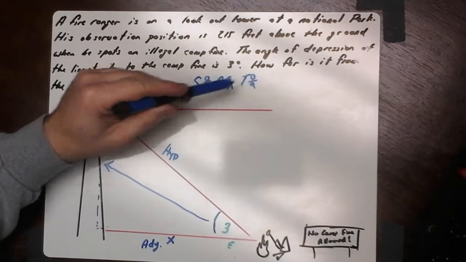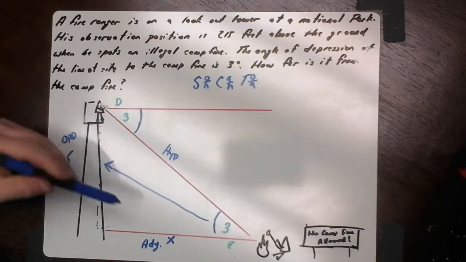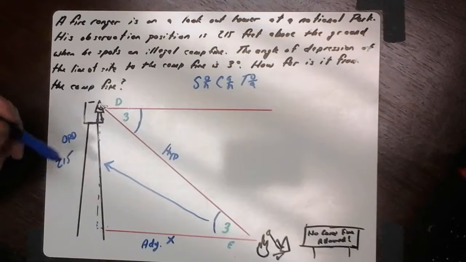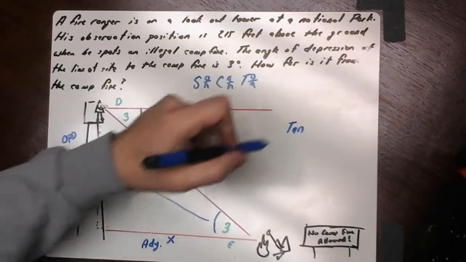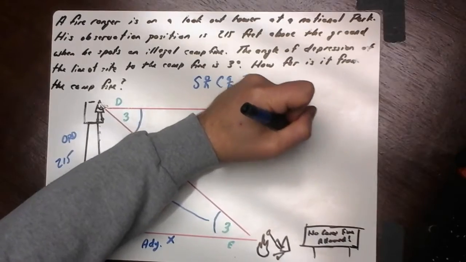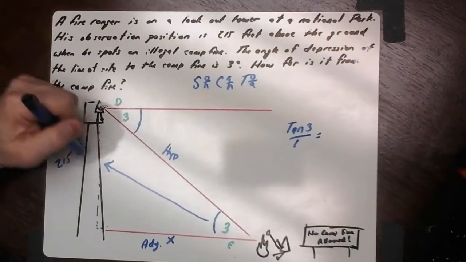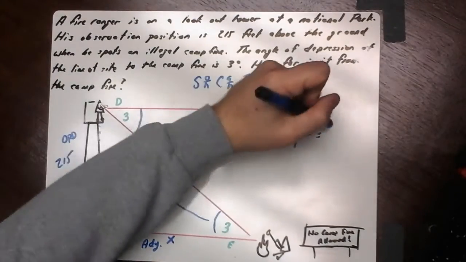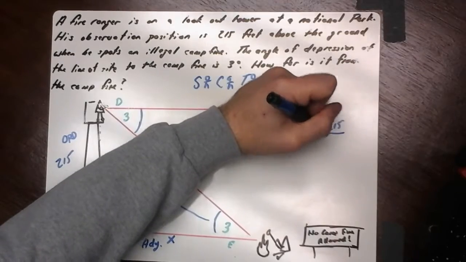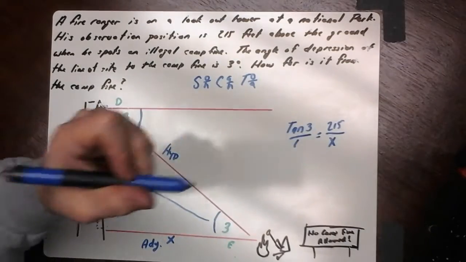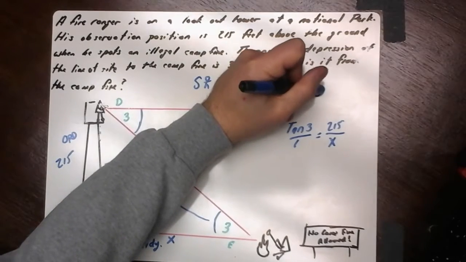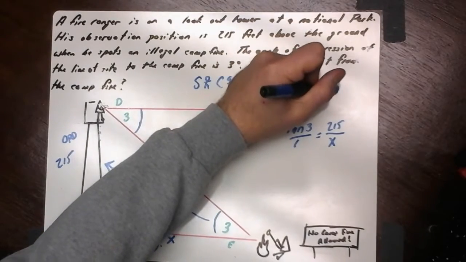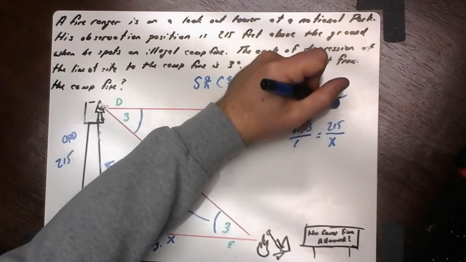And tangent uses opposite over adjacent. So let's do that. So I'm going to say tangent 3 equals opposite 215 over x. Just so we have it written, that's opposite over adjacent.